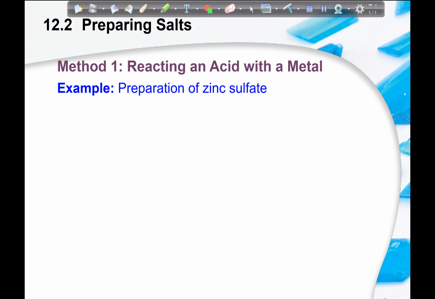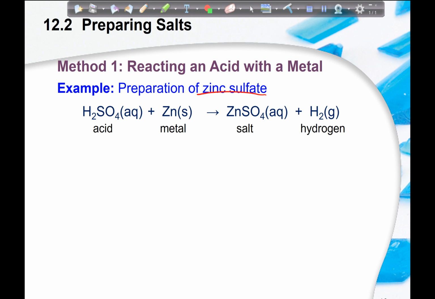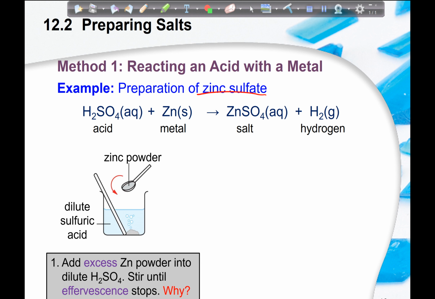For example, if I want to prepare zinc sulfate salt, I can have a couple of methods. First I can make use of sulfuric acid plus zinc to give a salt and hydrogen gas. Take note, if I want to prepare this salt, I will break it up.